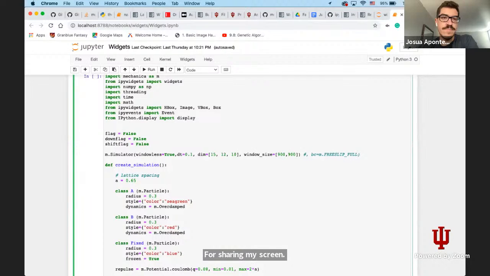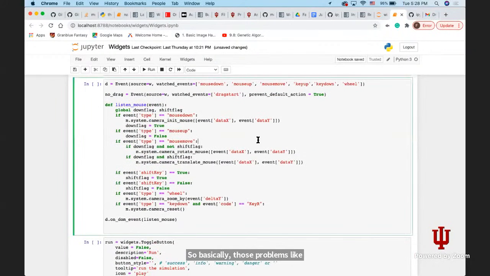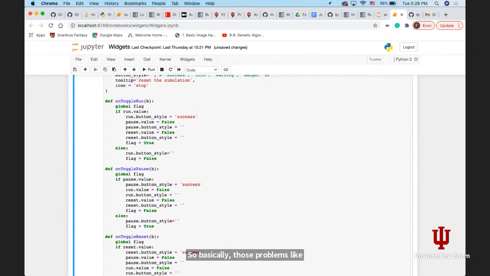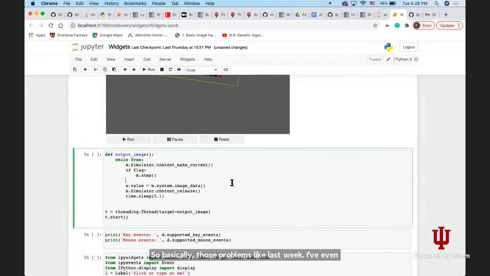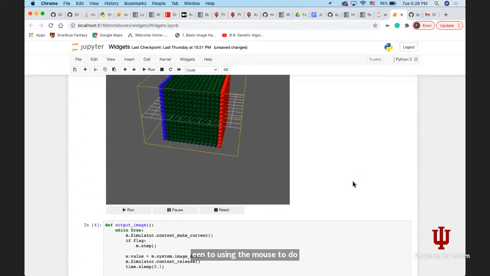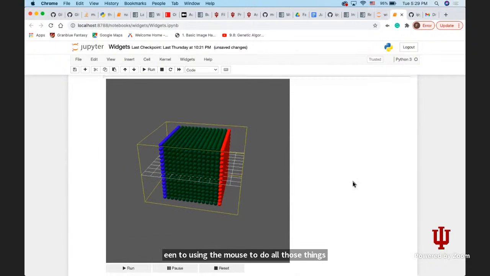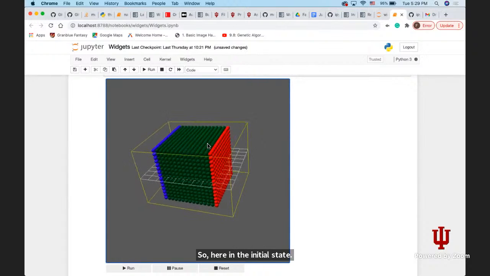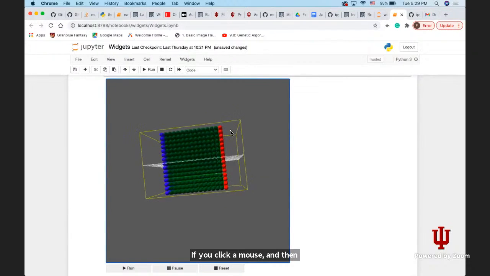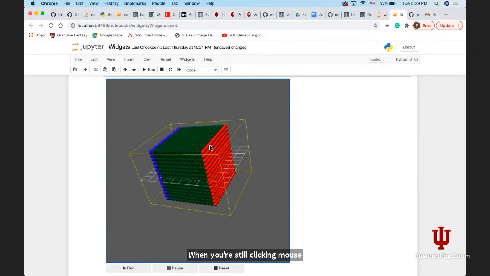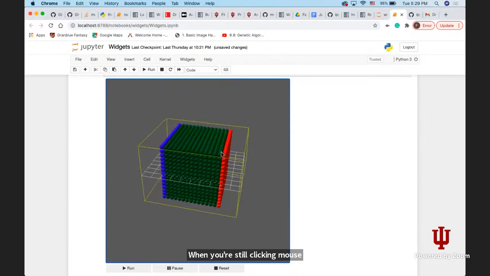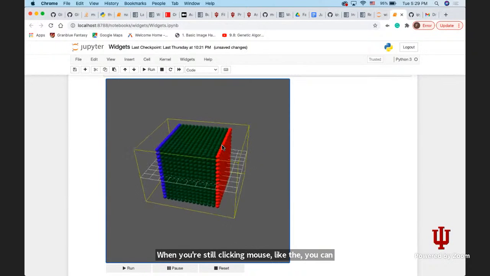Yeah, so basically, as promised last week, I've implemented using the mouse to do all the things. So here, in the initial state, if you click the mouse and then move the mouse while still clicking, you can rotate the screen based on your mouse location.